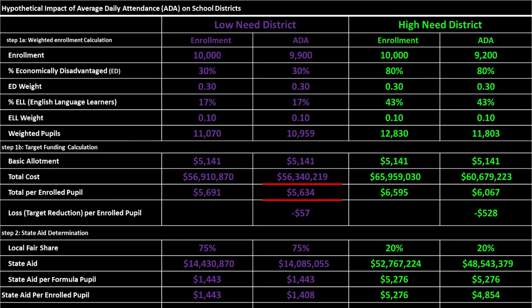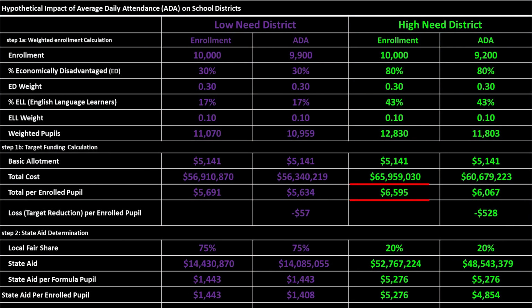Once we take ADA into account, the allotment per student is $5,634 compared to $5,691 for the low-need district, and $6,067 per student compared to $6,595 for the high-need district. That's a $57 and $528 gap per student, respectively.